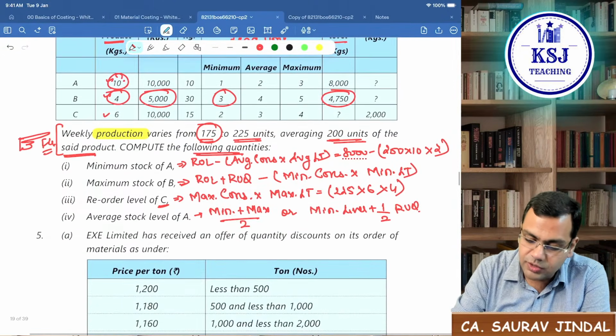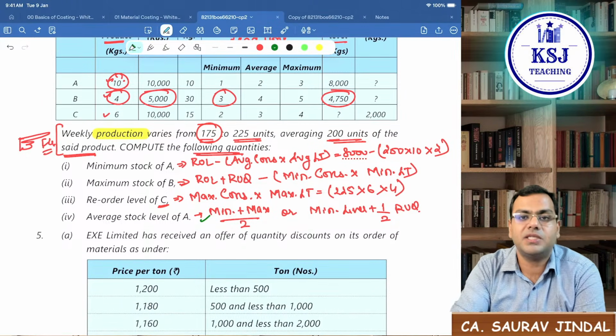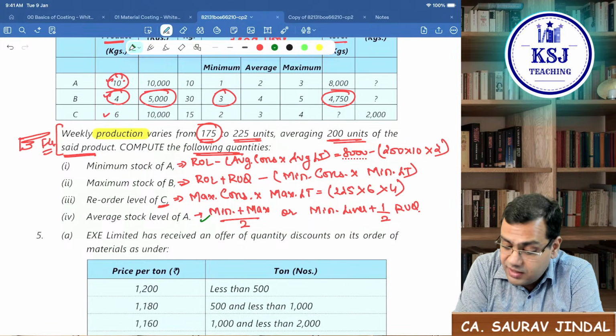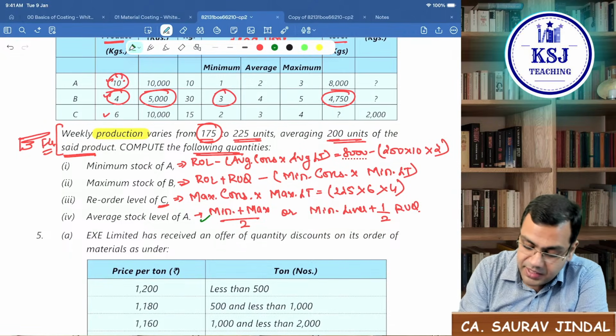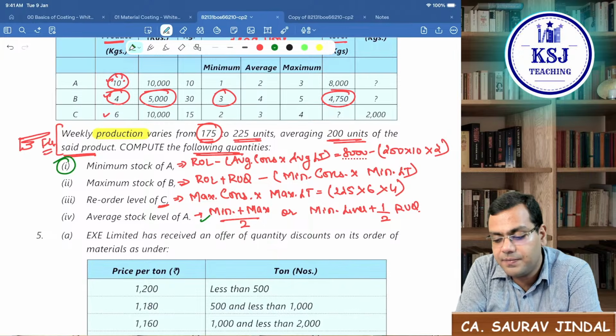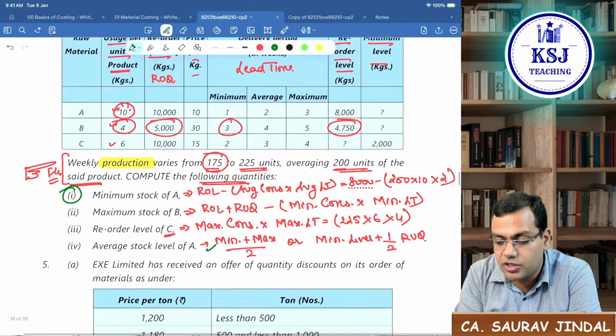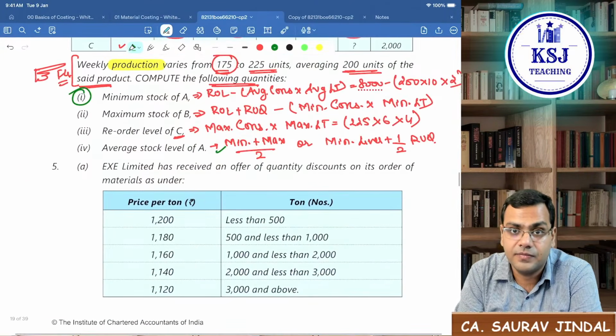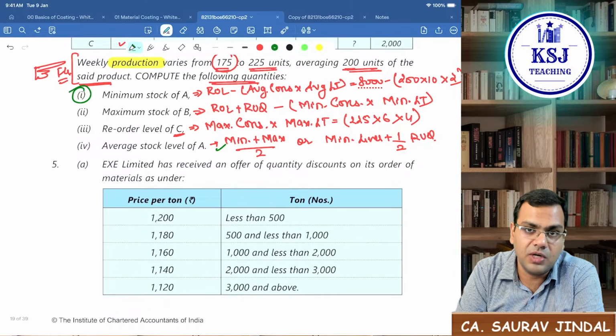If you want to use the first formula, minimum plus maximum divided by 2, the minimum stock you have calculated in the first part, but do you have the maximum stock of A? No, sir. The maximum stock you will have to calculate. Then you can apply this formula.